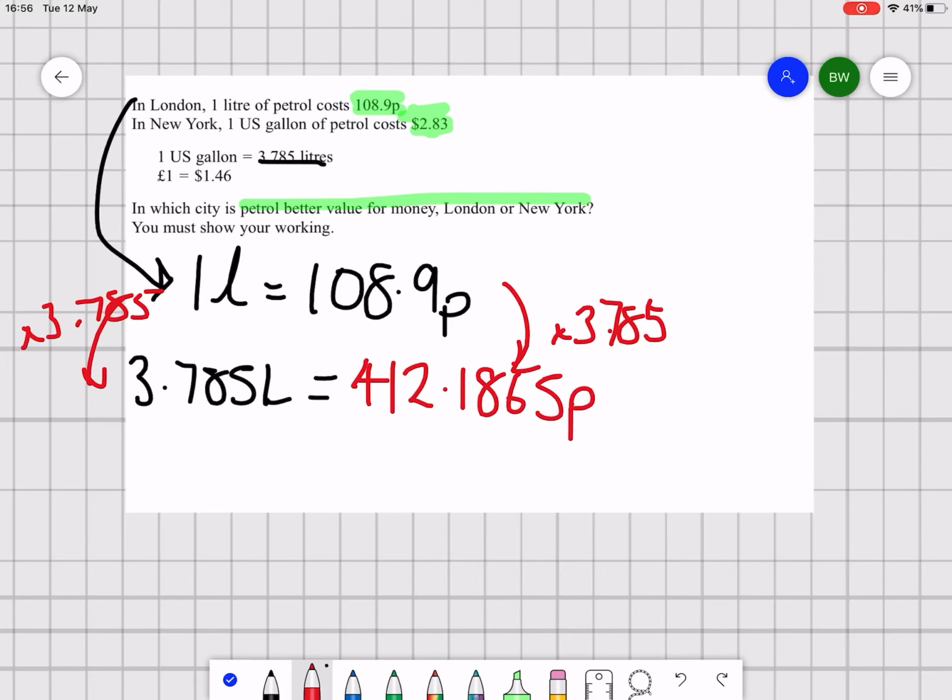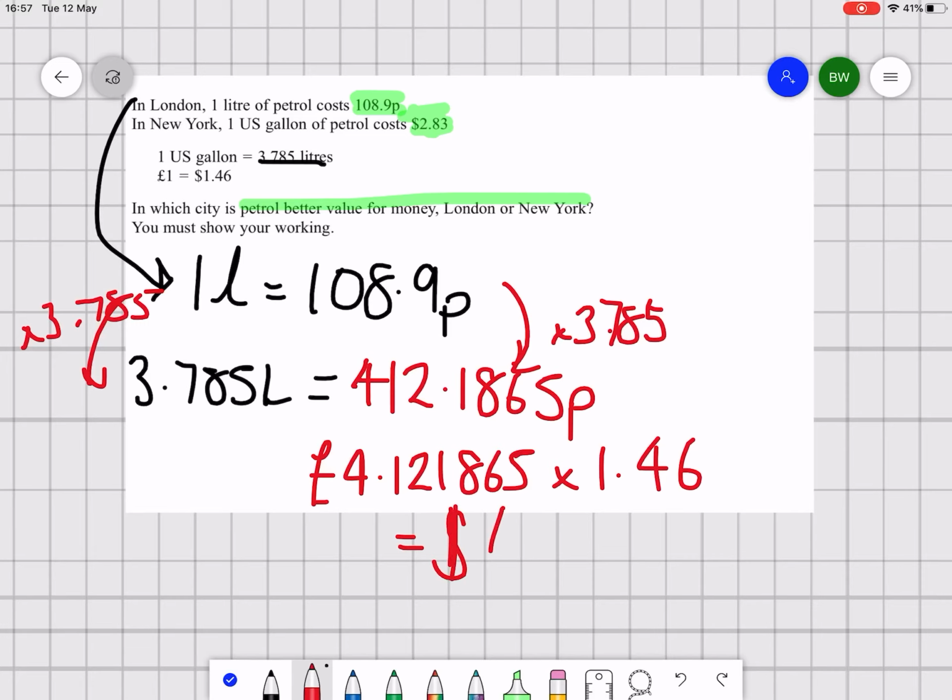And I've got to now convert that to dollars. So I want it in pounds first, so 4.121865 pounds to dollars. I'm going to times by 1.46 to convert that to dollars. And that gets me $6.02. So actually, it's better value for money in New York.